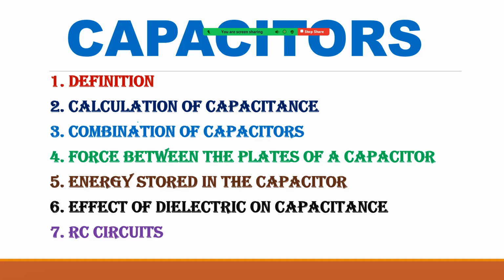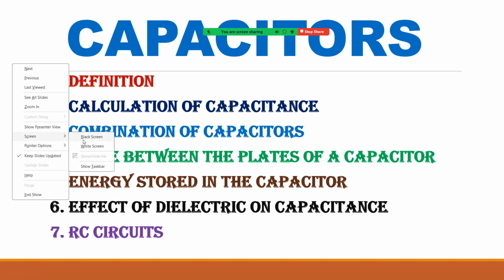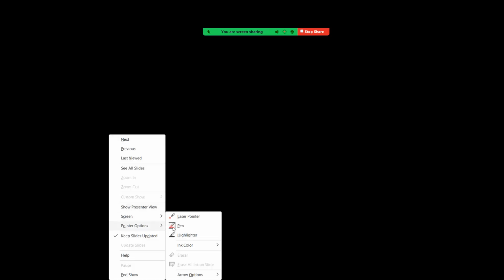And see the next one: energy stored in the capacitor. Let us see how to calculate the energy stored. Let us take the capacitor initially uncharged. The condition is initially uncharged.